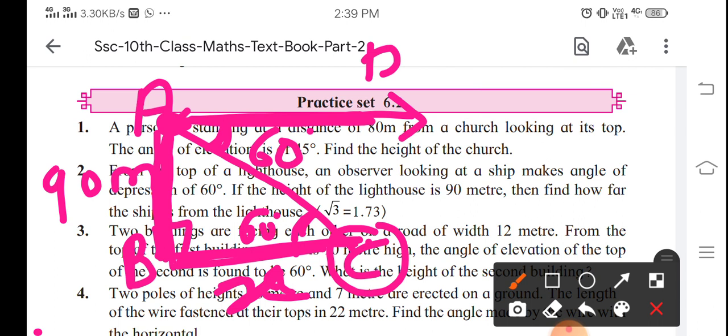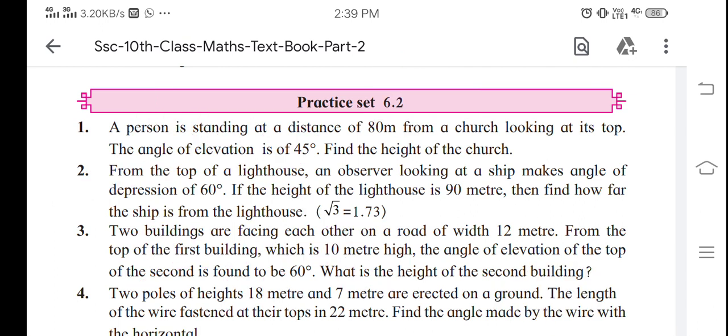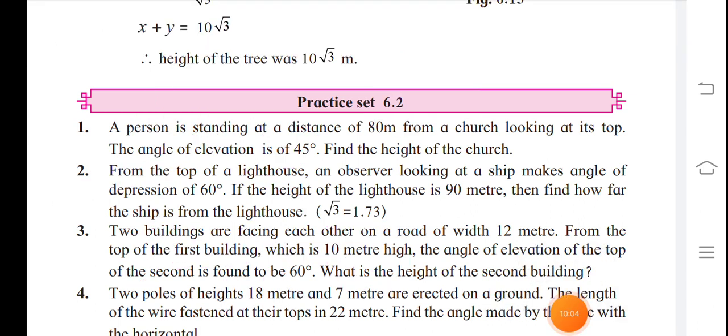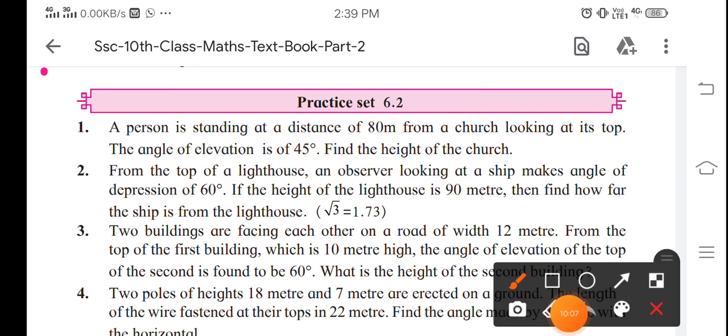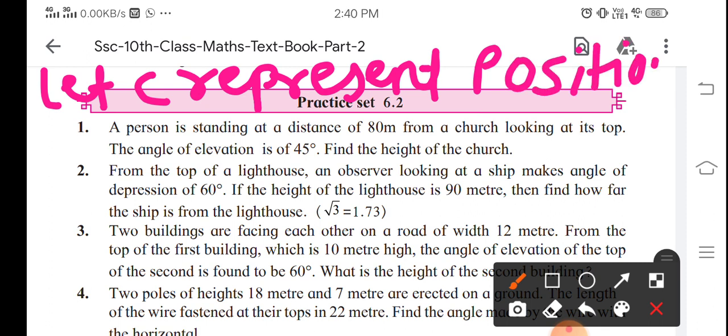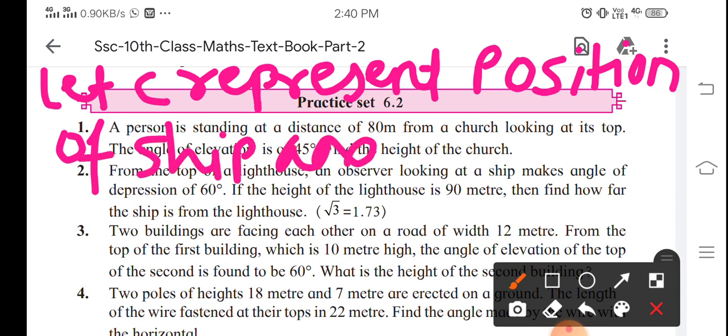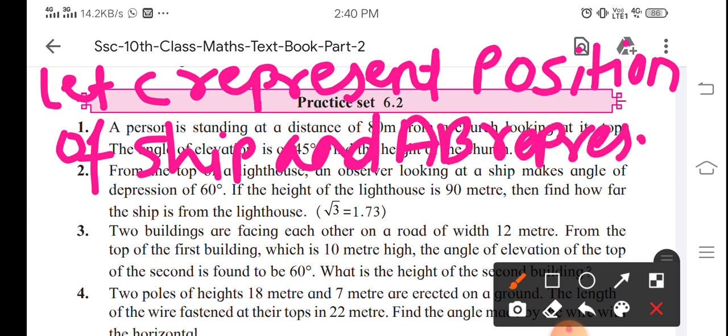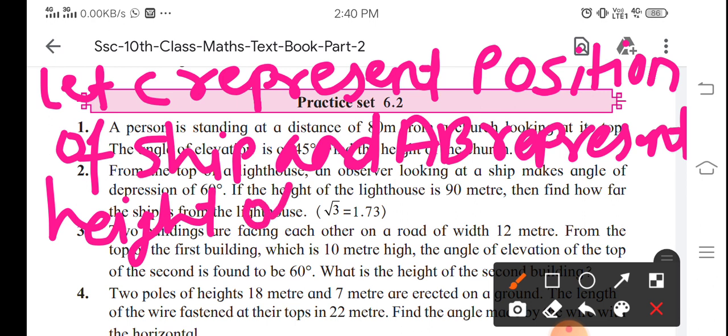So now we'll start writing. How can we write this? We have to write the same thing. Just write over there: let C represent the position of the ship, and AB represent the height of the lighthouse.